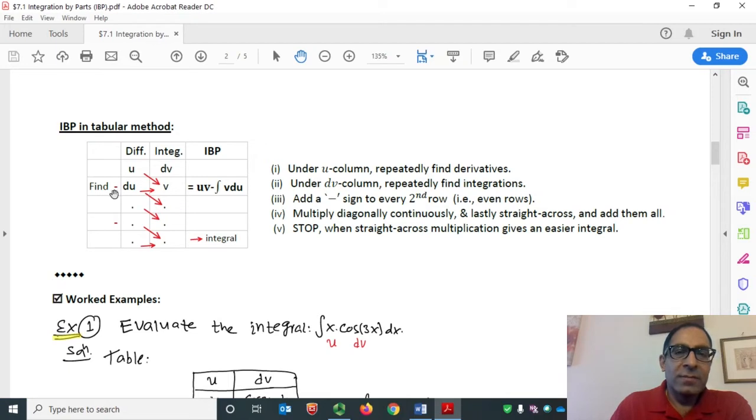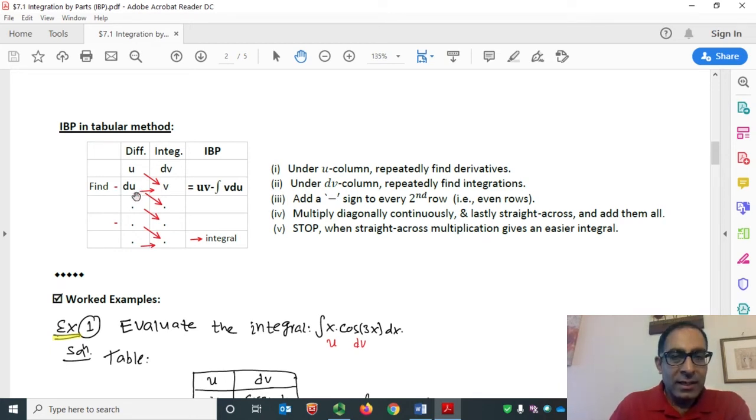In the next step, multiply diagonally, so u times v. Multiply straight across, so negative du times v. Keep in mind that the straight across multiplication is an integral term, so we have the integral of negative v times du.